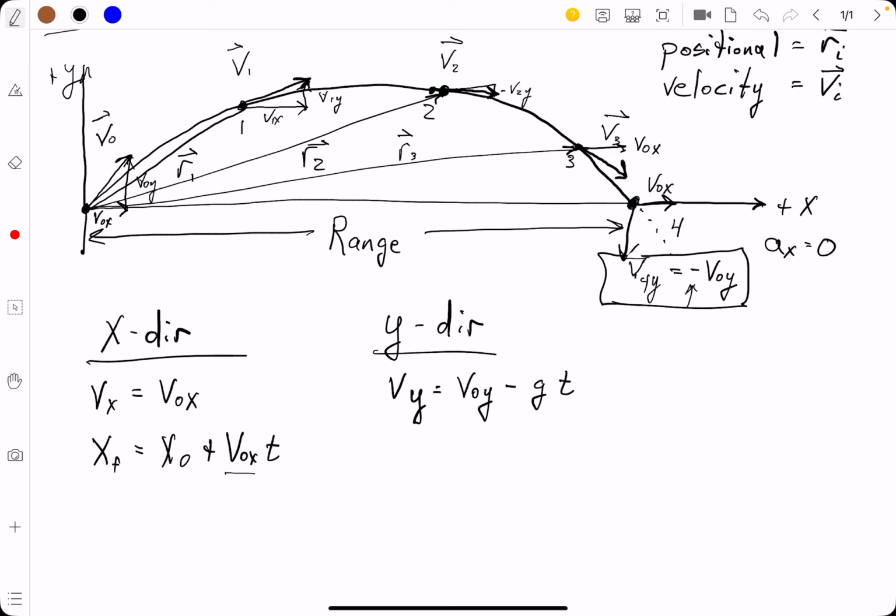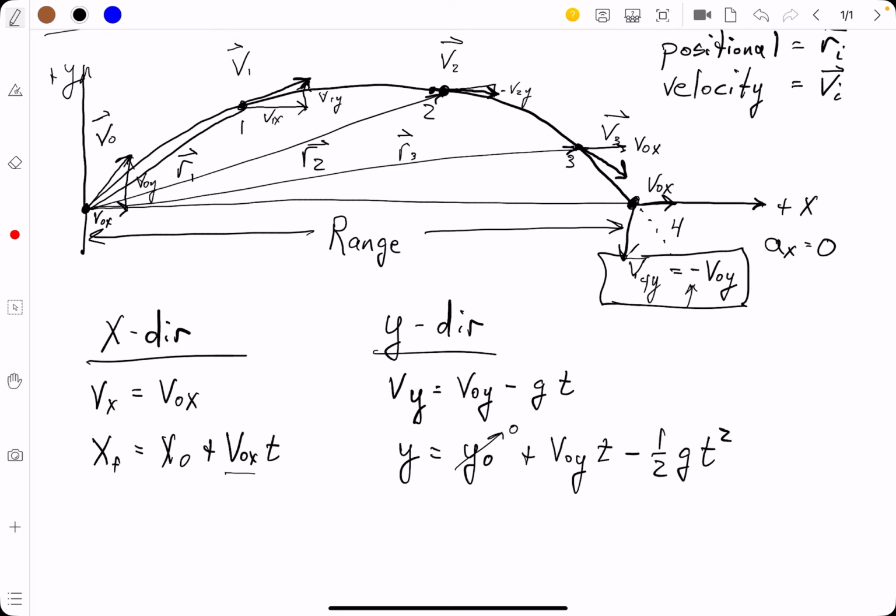All right, what about our position? Our position is going to be y is equal to y0, whatever we started with, which we're going to say is 0. And we're going to be adding V0y times t minus 1/2 gt squared.